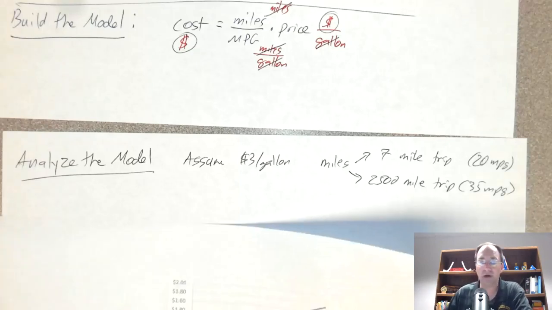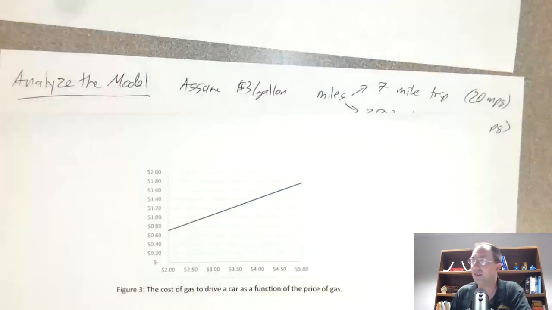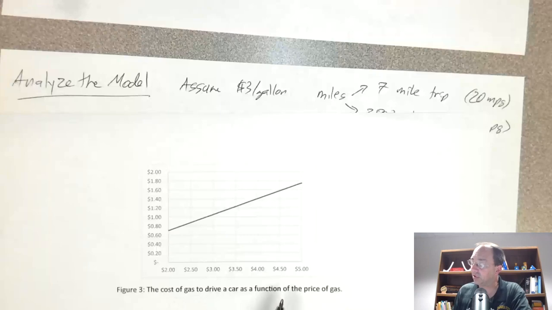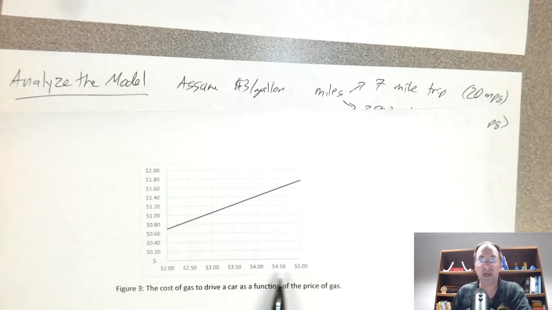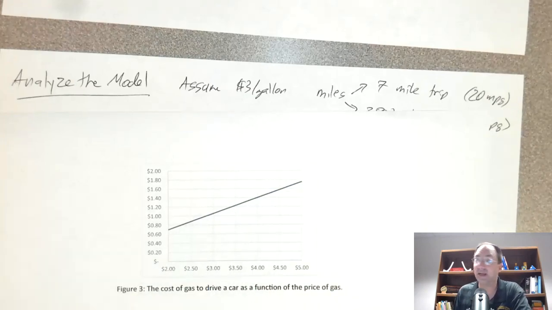And so that's what our next picture here shows. And that is assuming that our function is based on the price of the gas. So as the price of gas goes up, notice how my cost to drive that 7 miles changes.